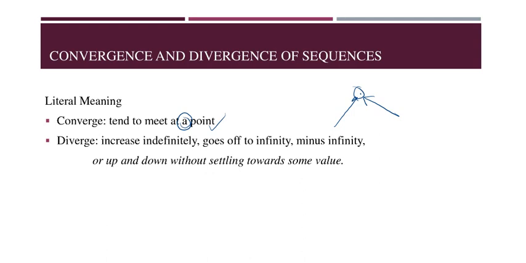And when you are increasing indefinitely, going off to plus infinity or minus infinity, or you are not going towards a point, you are going towards more than one, say 2 points, this is literally diverging. You say the roads were diverging, right? So converging means when you are tending towards a point, and diverging means moving apart, going away.